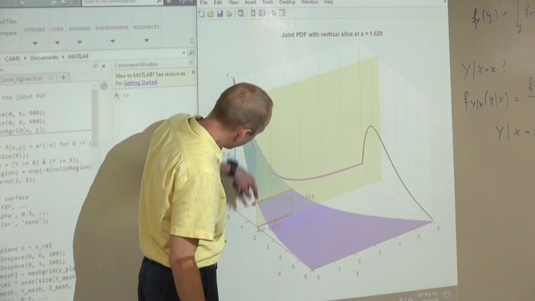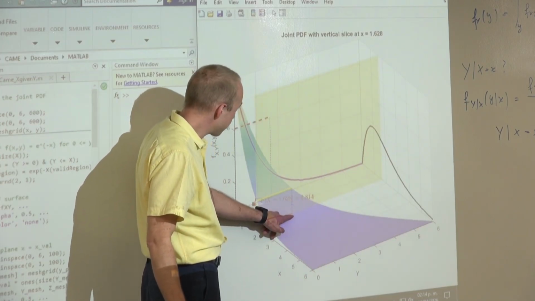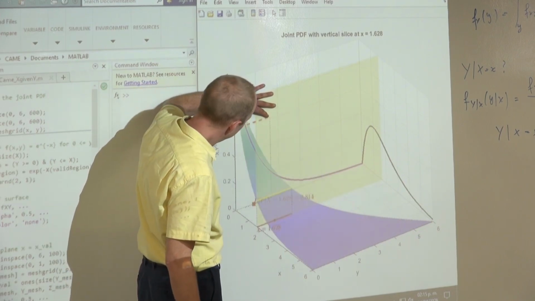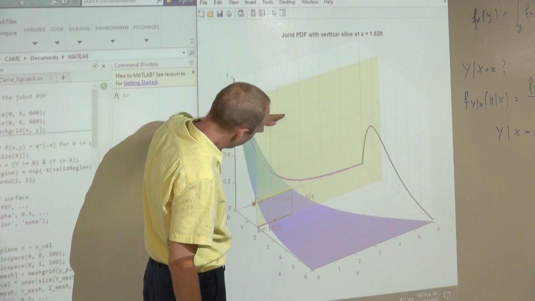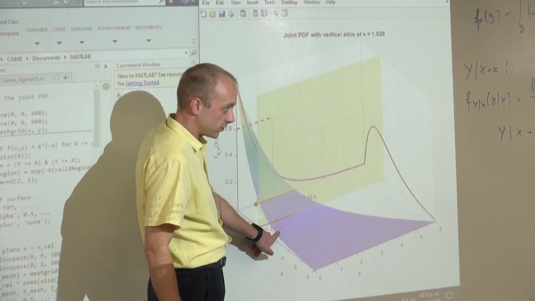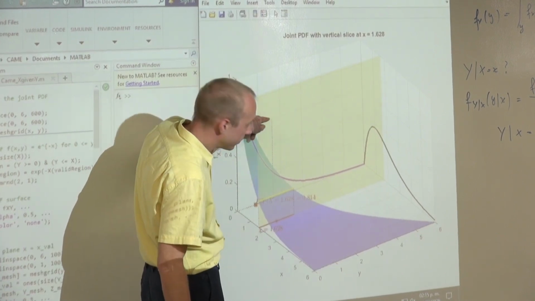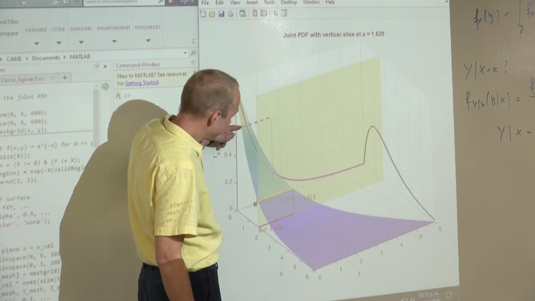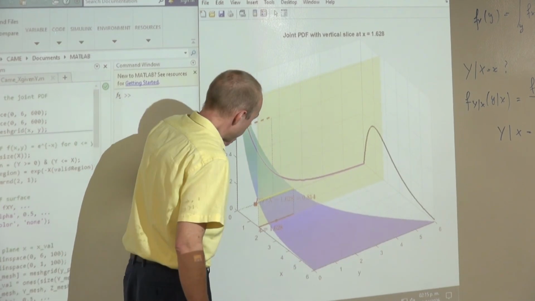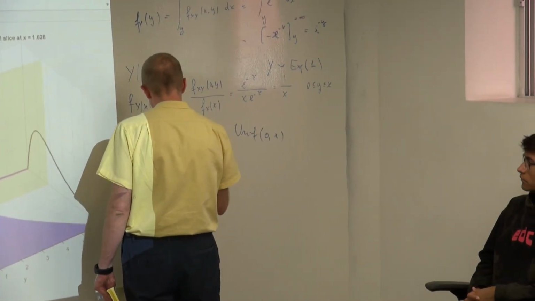So all the y's that are on this line have a distribution that is 1 over x. Yes? So this is the conditional distribution of y given x. You see, x is 1.62 and so on, no? If you do 1 over, you get this number here, no? And this is the conditional distribution of y given x, no?